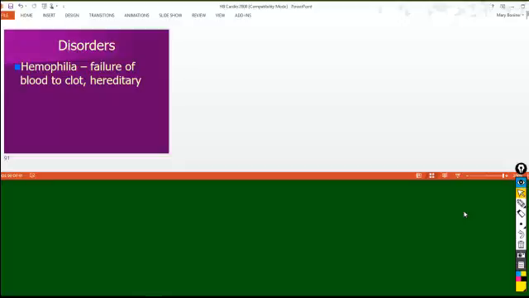Hemophilias can also be the opposite way, where there are excessive quantities of clotting, which can be equally bad. So, not clotting is not good. Clotting too much is also not so great. All right, that is the end of our little overview of blood, and that should wrap up our cardiovascular discussion.